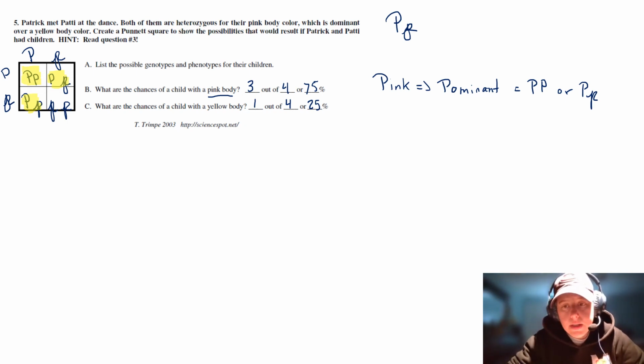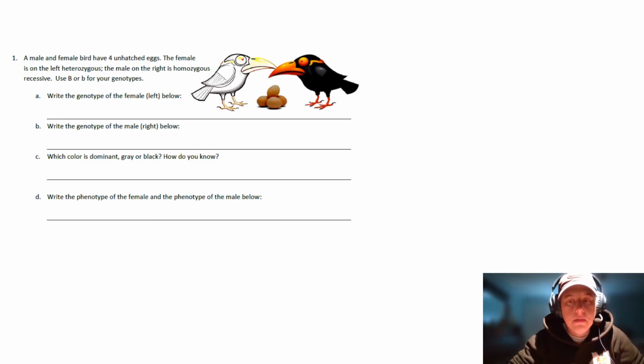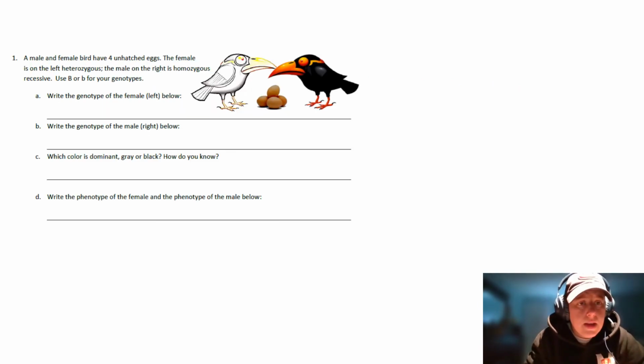Okay, so now what we're going to do is I'm going to give you time to do the second page, and then we're going to go through it together. But we're just going to read the question together to get it set up. So if we're looking at the second page, we have the following. A male and a female bird have 4 unhatched eggs. The female is on the left, so this is our female, and it's heterozygous.